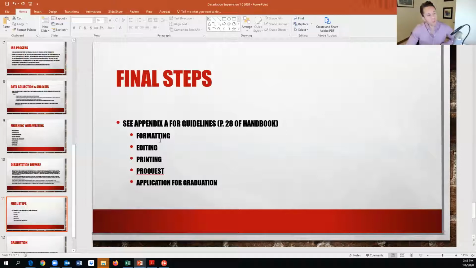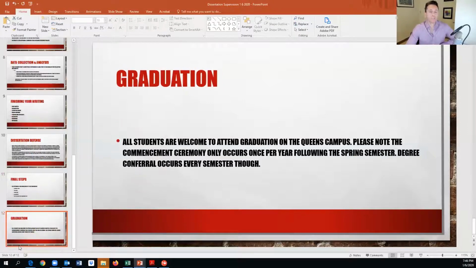Now, when we talk about graduation, SJU is quite funny in this regard. So they have one commencement, one graduation per year where they do the walk. However, degrees can be conferred any of the 3 semesters per year.